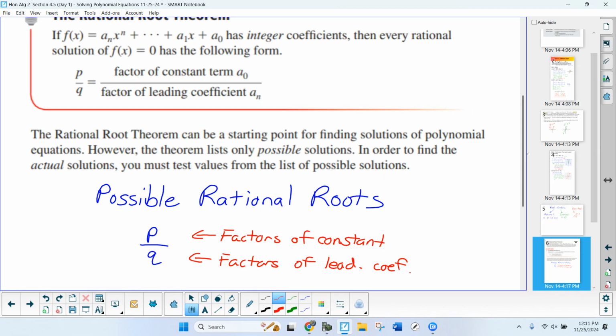So P over Q, possible rational roots, factors of the constant over factors of the leading coefficient.